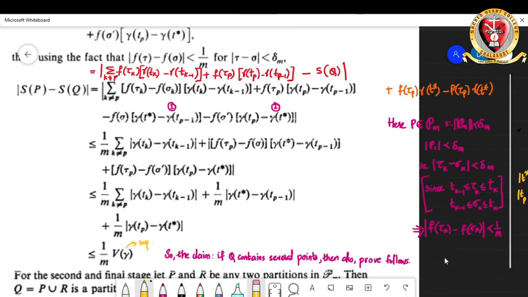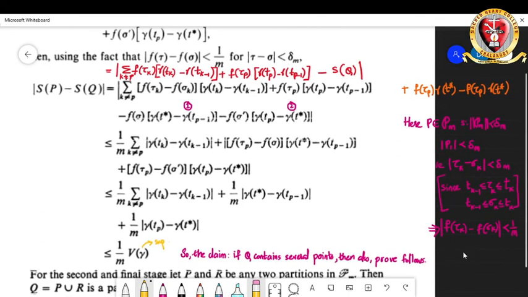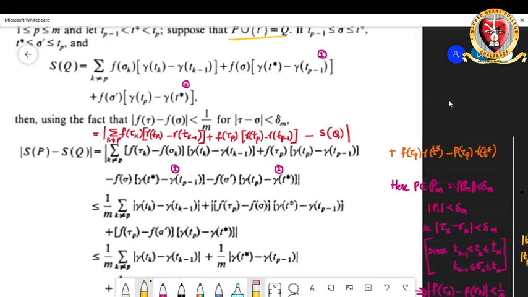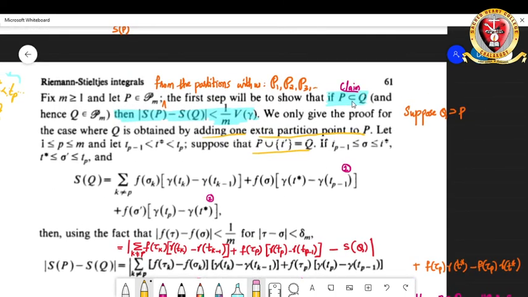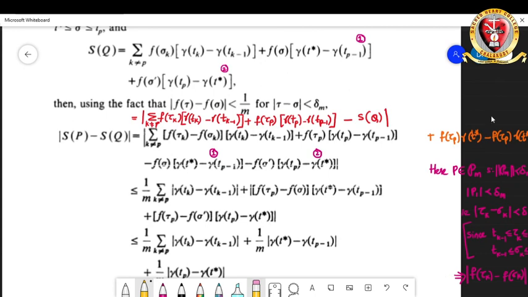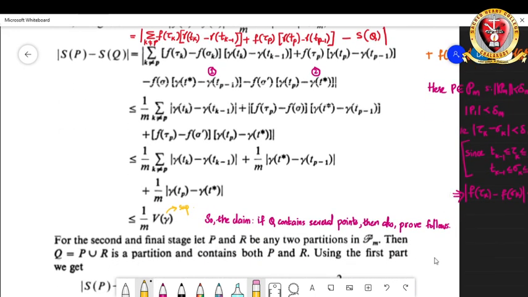So the claim we just mentioned is proved, because we added for Q just one extra partition point to P. Even if Q contains more than one partition point, we can prove it in the same manner. So we just proved our claim that if P is a subset of Q, then modulus of S of P minus S of Q is strictly less than 1 by m into v of gamma. So that is proved there.